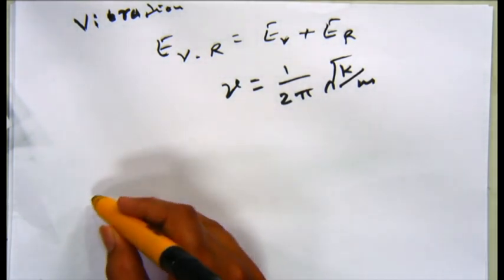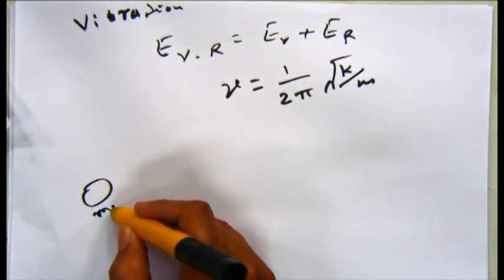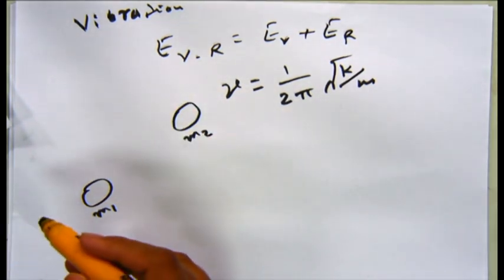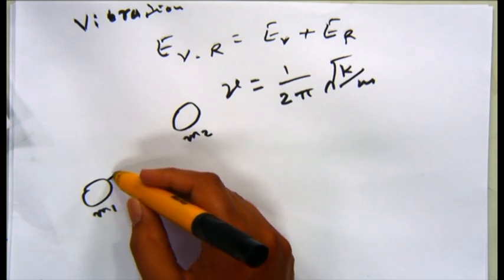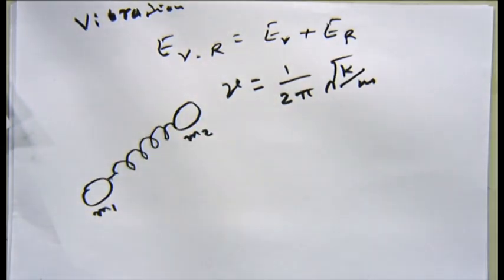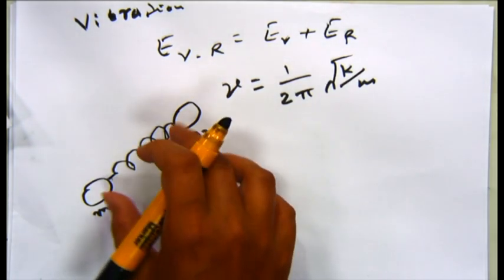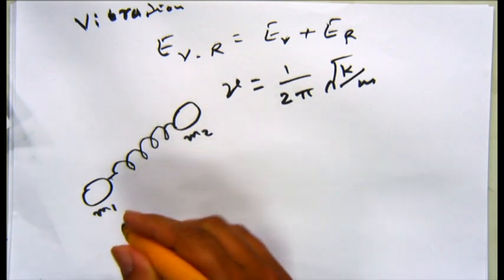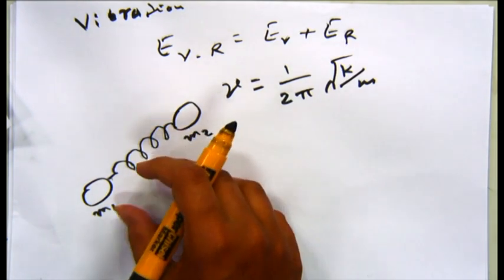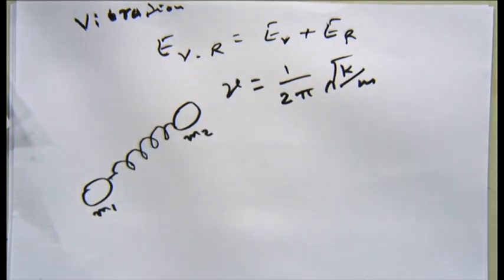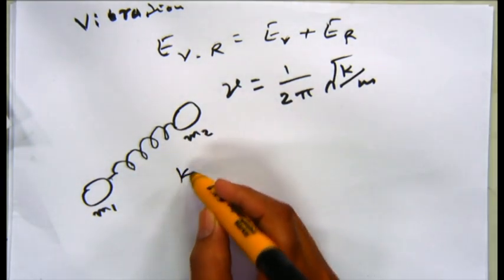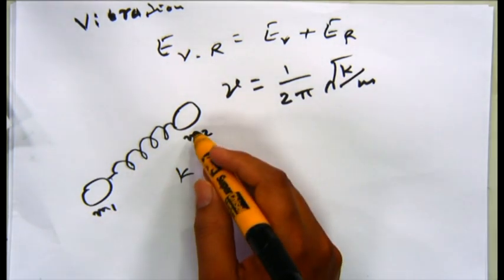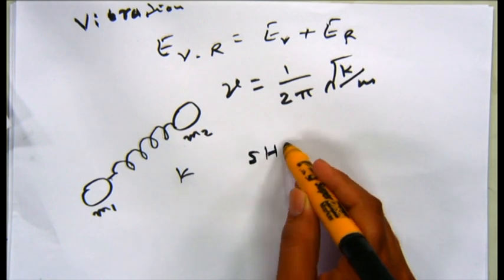Further, suppose the mass of the first atom is M1 and the mass of the second atom is M2. These two masses are attached by a bond, and this situation of the diatomic molecule can be represented by mass M1 and mass M2, both connected by a spring having a spring constant K. Further, this mass M1 and mass M2 are making simple harmonic motion.